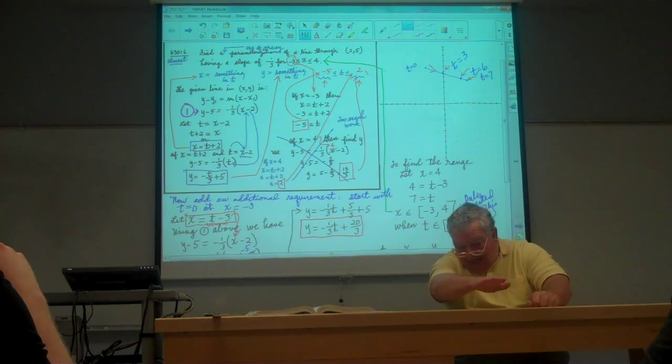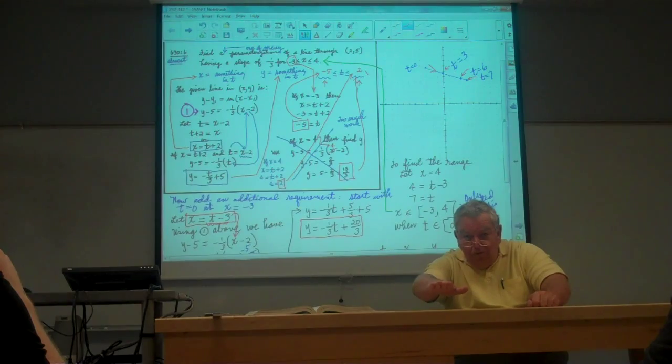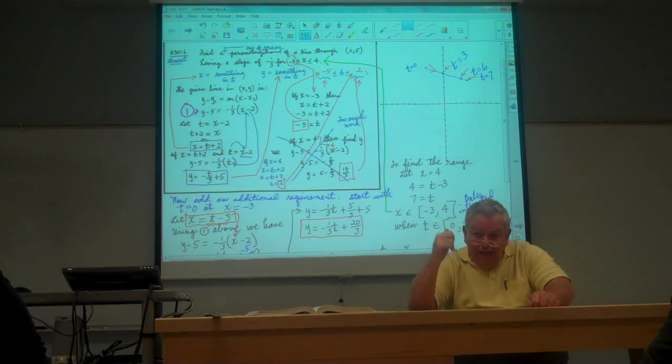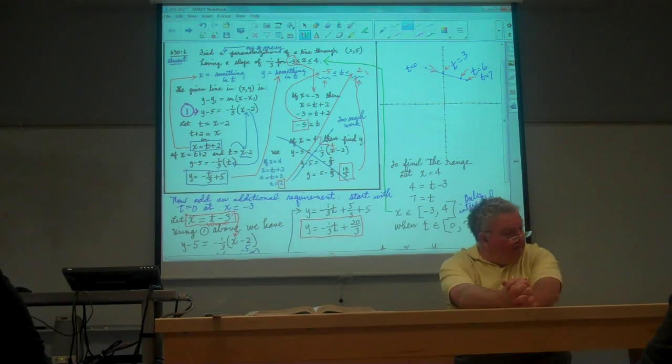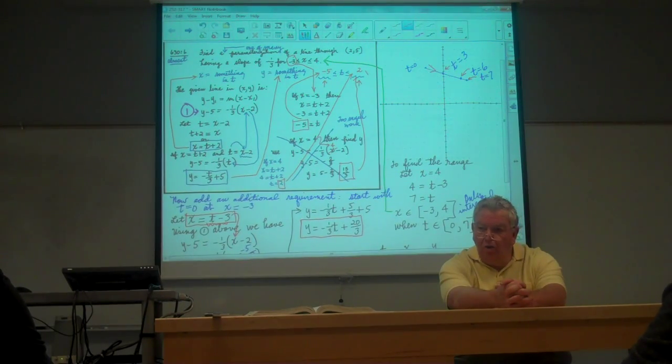And right here is t equals 0. What parametric equations allow you to do is to change an x-y equation to a function of time.